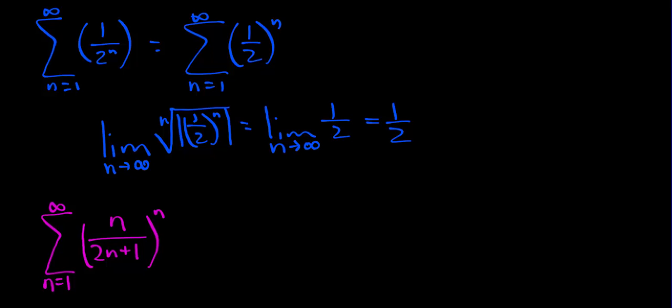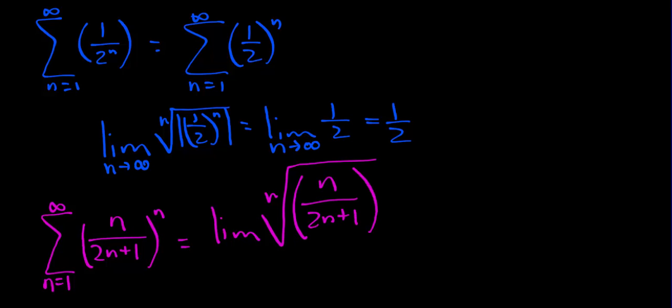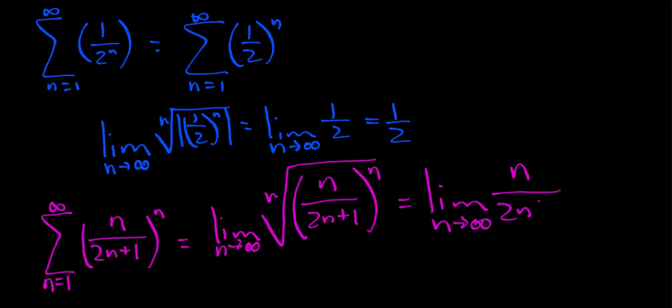Now you can see this one is going to be perfect for the root test, because we've got the limit of the nth root of n over 2n plus 1 to the nth power. Well, you can see the nth root and that nth power are going to get rid of each other. So we've got the limit as n goes to infinity. I forgot to put that here, but we know what we're doing. So this is n over 2n plus 1.